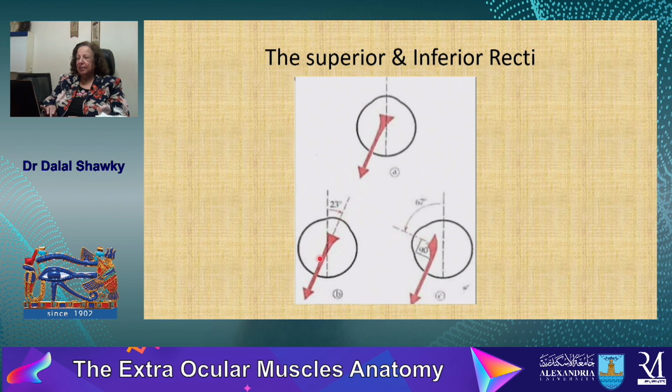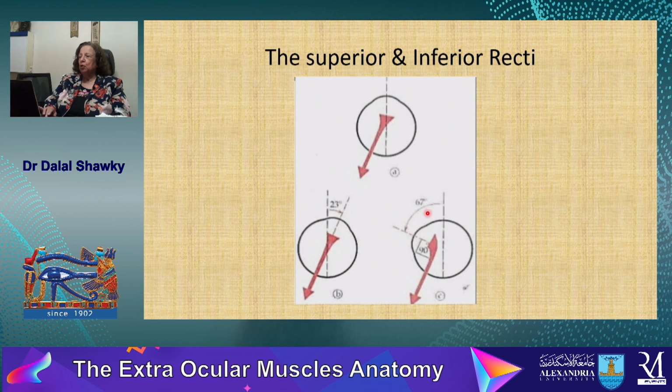That is, the axis of the globe will coincide with the axis of the muscle, and here the superior rectus will act as an elevator and the inferior rectus will act as a depressor in abduction.